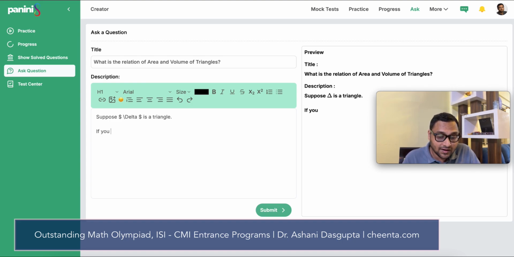If you double the side length, what will happen to the area of delta?